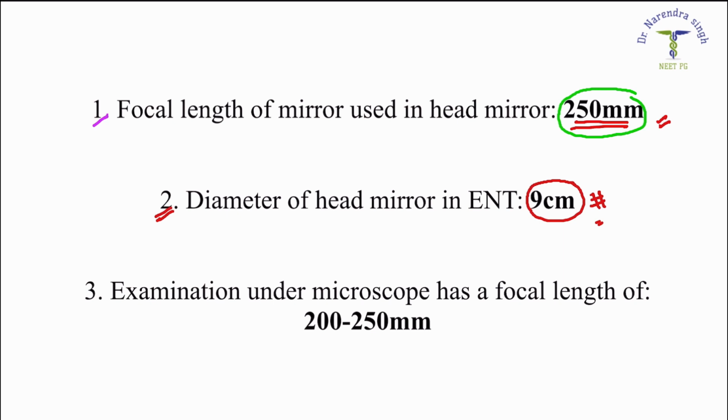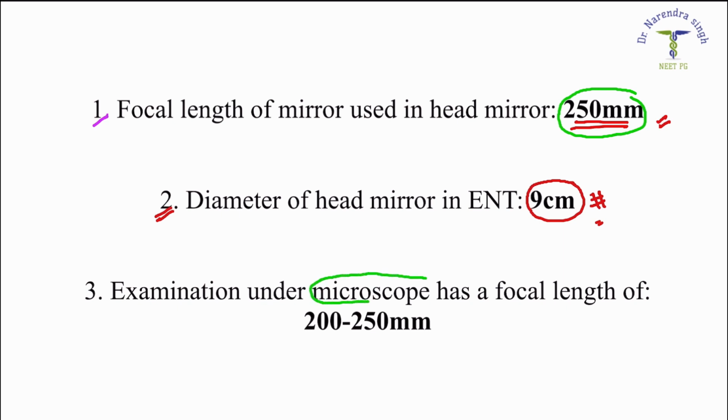Now the newer question which is arising is: examination under microscope has a focal length of? We know that ENT surgeries are advancing and most surgeries are now conducted under the microscope.